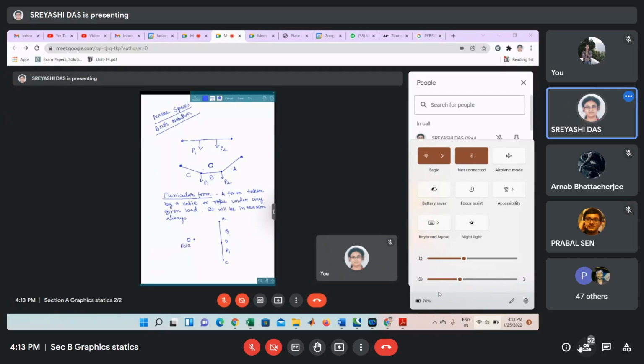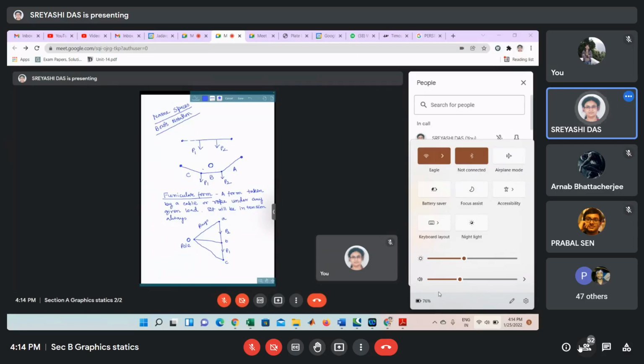If we join OA, OB, OC, these are called rays, and P2 and P1 directions are known to us.